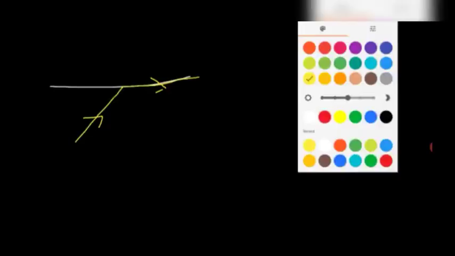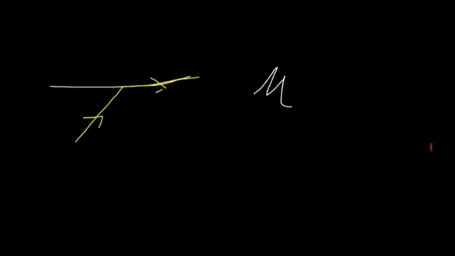Now there is a formula. So let's say this is the diagram. Let me draw the diagram. This was the thing. Now as you know, what is mu? So what will this be?